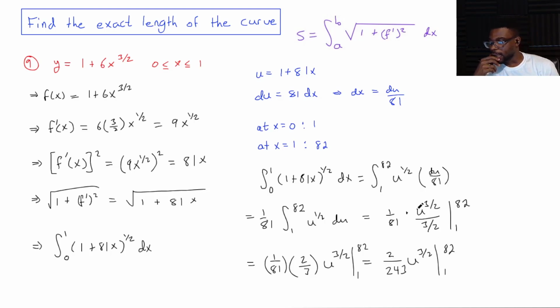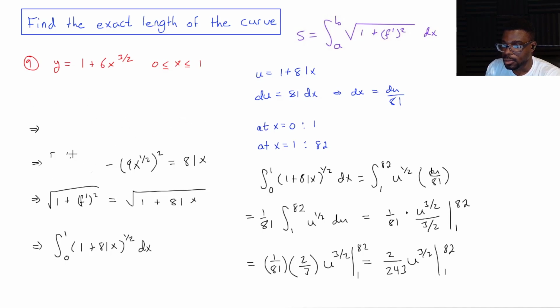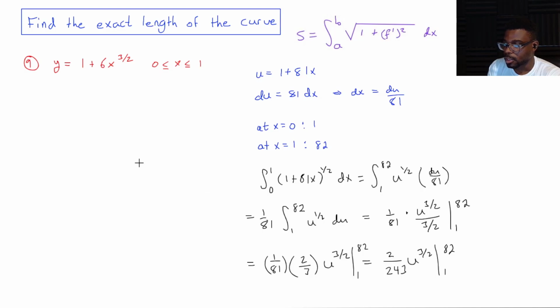All right, now all we have to do is just evaluate this function from 1 to 82, which means we're going to evaluate at 82 and then subtract the evaluation at 1. So we're going to need a little bit more space here. Let's remove this. And let's do that calculation over here.